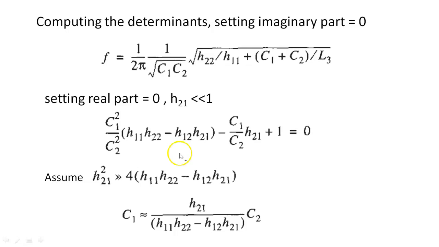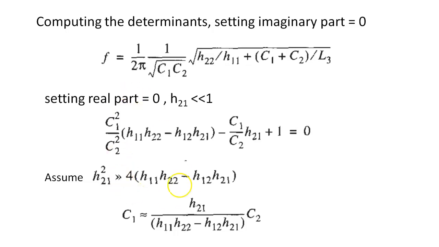After simplification, we get C1 is equal to H21 divided by (H11 into H22 minus H12 into H21) into C2. By using these two equations, that is the frequency equation and the capacitance equation, we can design a Colpitts oscillator for the radio frequency ranges.